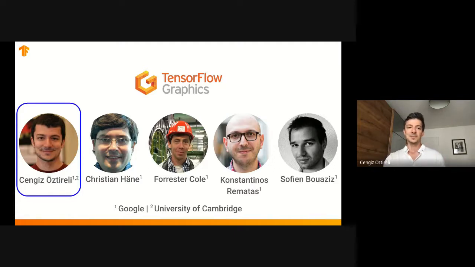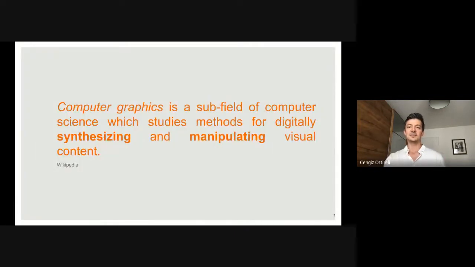But before, let's step back for a moment and define what we mean by computer graphics, because we will be talking about differentiable computer graphics, right? So computer graphics is a subfield of computer science, officially, that studies methods for digitally synthesizing and manipulating visual content.